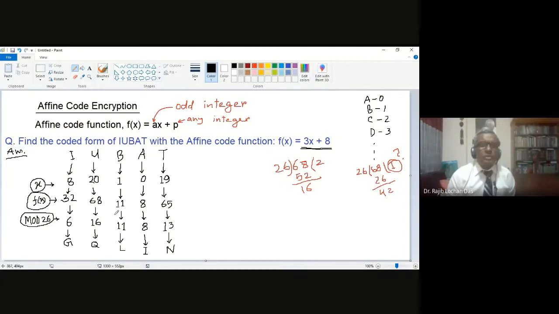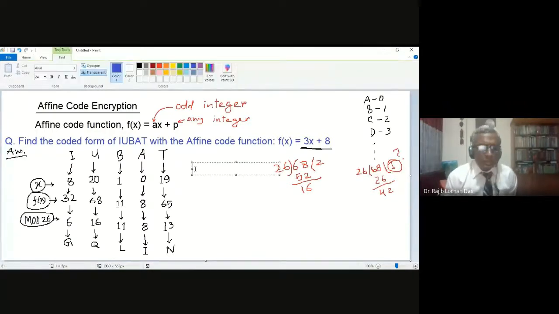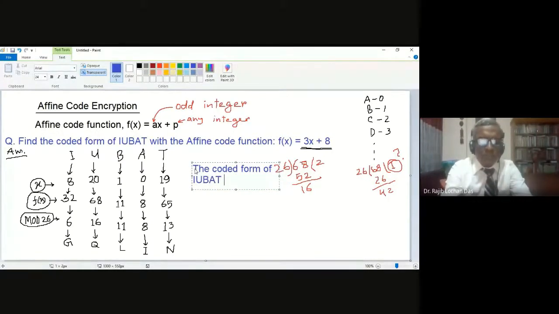So now you will write in your answer, the coded form of IUBAT is GQLIN, according to the given function. So this is your answer.